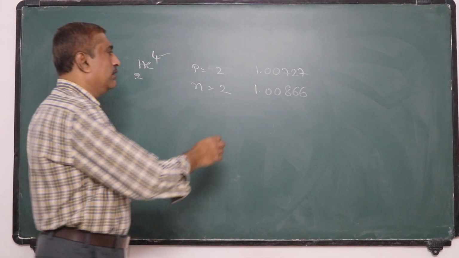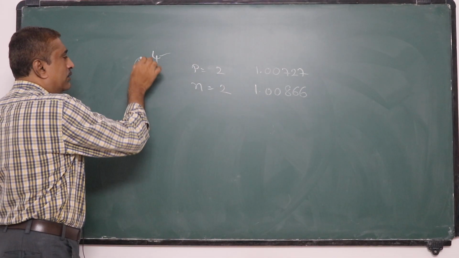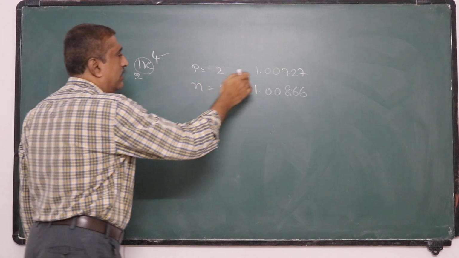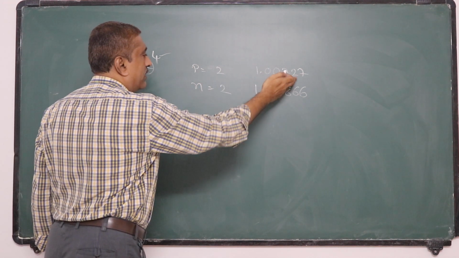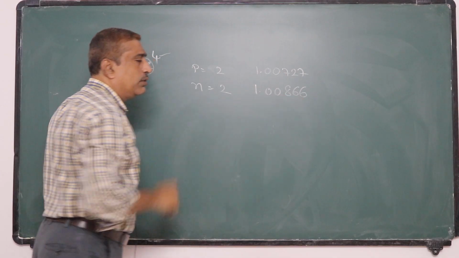Now, if you calculate the mass of this helium nucleus, you have to add the mass of the 2 protons plus the mass of the 2 neutrons.